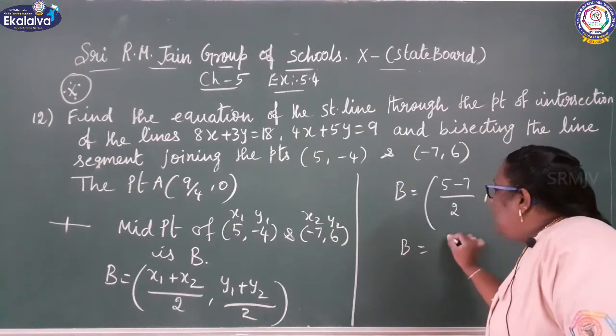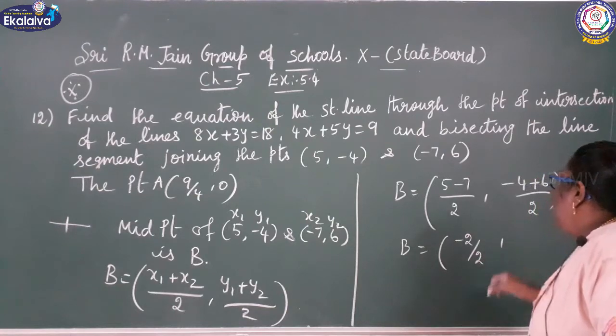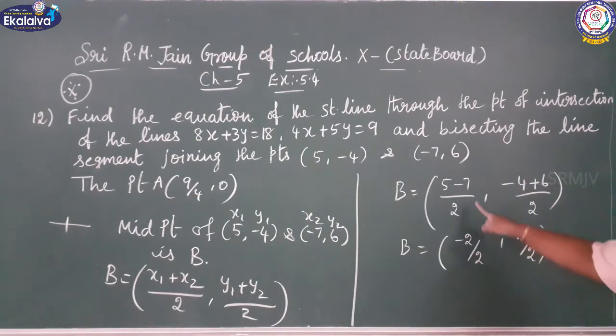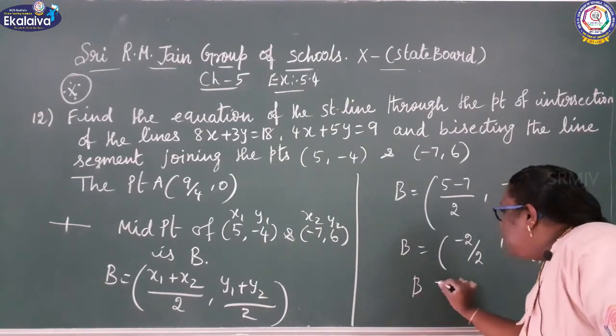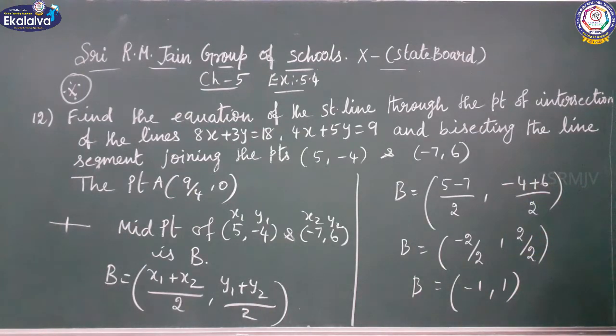So B point equal to minus 2 by 2 comma 2 by 2. The point B equal to minus 1 comma 1.